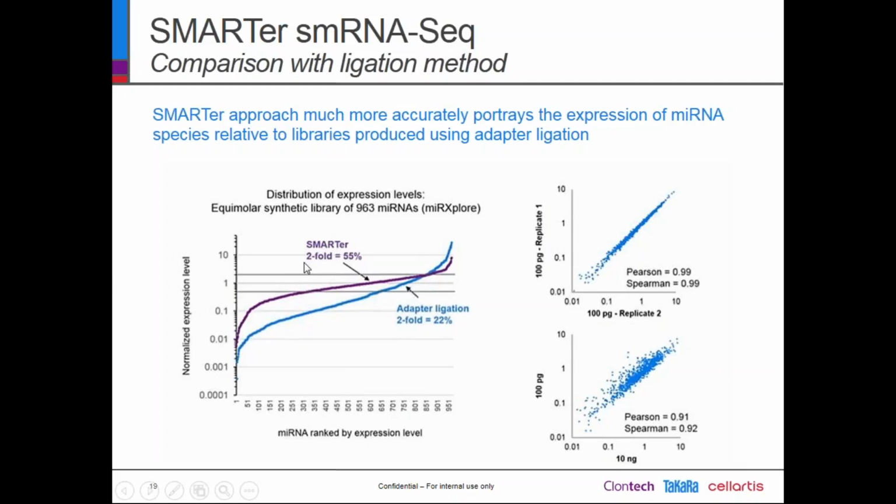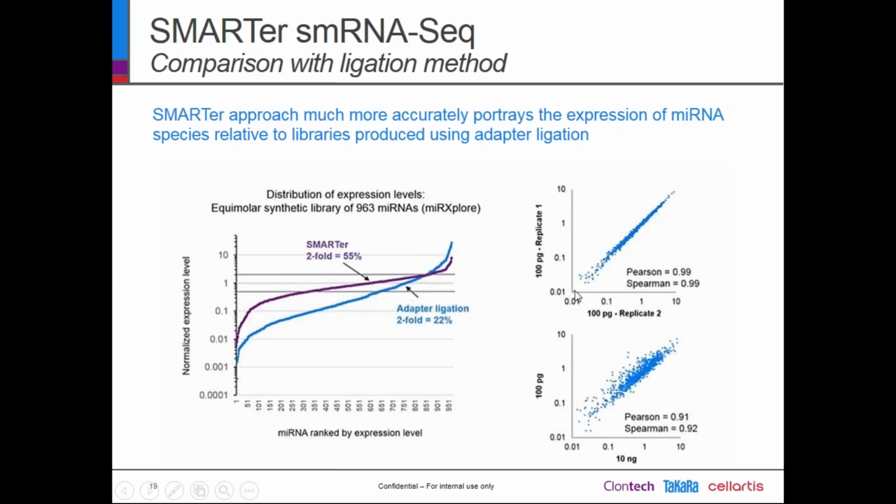The SMART technology, on the other side, will capture 55%. So it means that we are improving these results 2.5 times. And overall, it will show that the SMART technology will allow you to have a more accurate portrait of the expression of this population of microRNA.